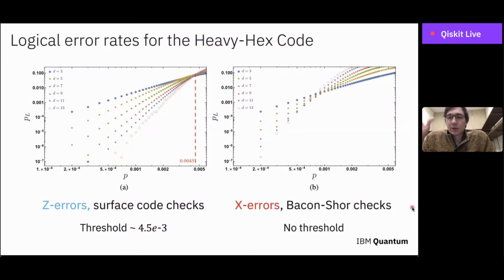There's no asymptotic threshold, but you can still see that if your physical error rate is low enough, at least for these finite size cases, you are getting some improvement as you increase the code size. So it has this pseudo threshold behavior. I just want to point that out.